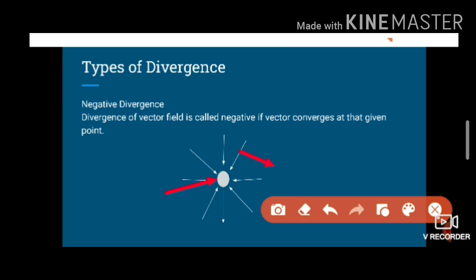These are the vectors. The direction of those vectors is towards that point. It means they converge to that point. Then we can say that the divergence is negative. So these three are the types of divergence.